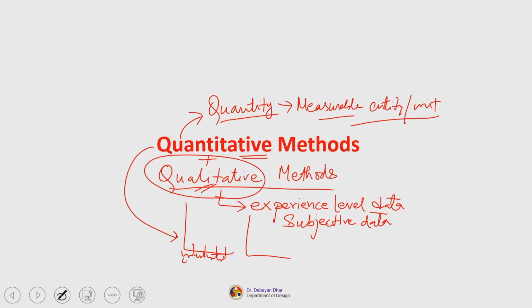For example, 0 to 1, 1 to 2, 2 to 3, 3 to 4, these are constant in nature and you plot this data accordingly. Unfortunately, in the case of qualitative data, we cannot ascertain the same. This is not equal to this. We are not sure about these quantitative differences, and therefore, they are primarily termed as qualitative in nature, right.